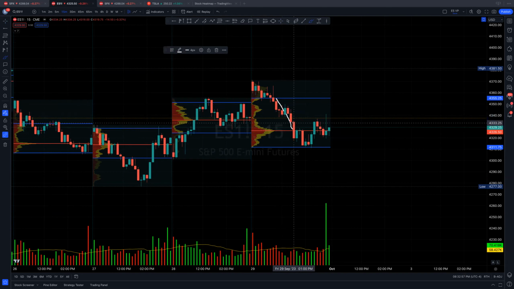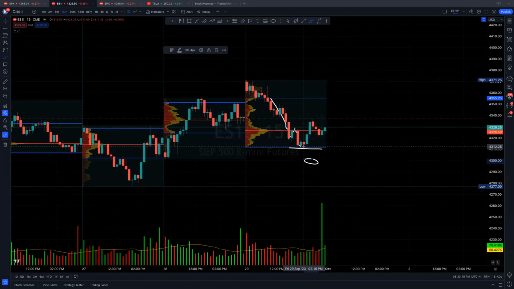What happened right here? A massive red candle. It moved up, and we hit the lows I was telling you guys about on Friday, 43.10 lows. I was actually expecting at least 4,300, but it never came. Price action was pretty rough. Now we hit 43.10, and then we bounced from here.